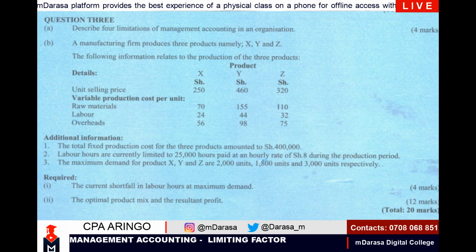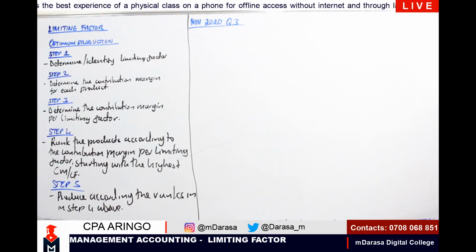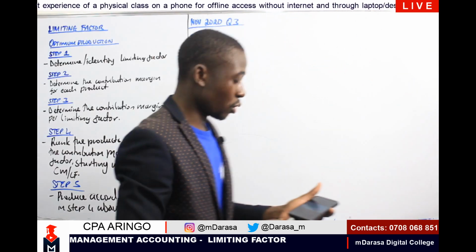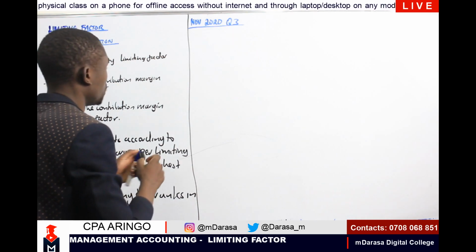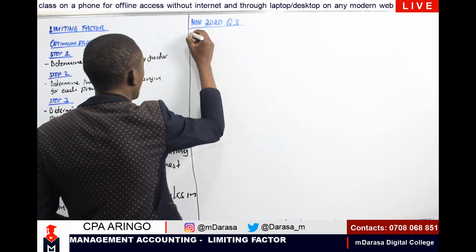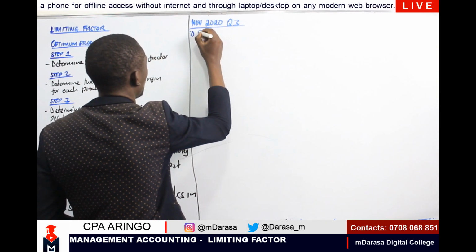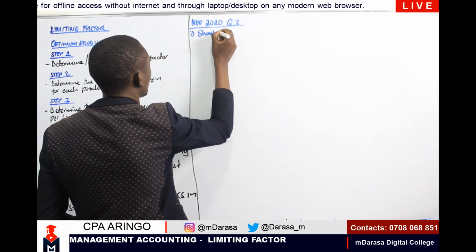Okay, so I believe we've taken a screenshot of that question, so we can now continue. The examiner first of all wants us to determine the shortfall. In part A of question 1, we are required to determine our shortfall.